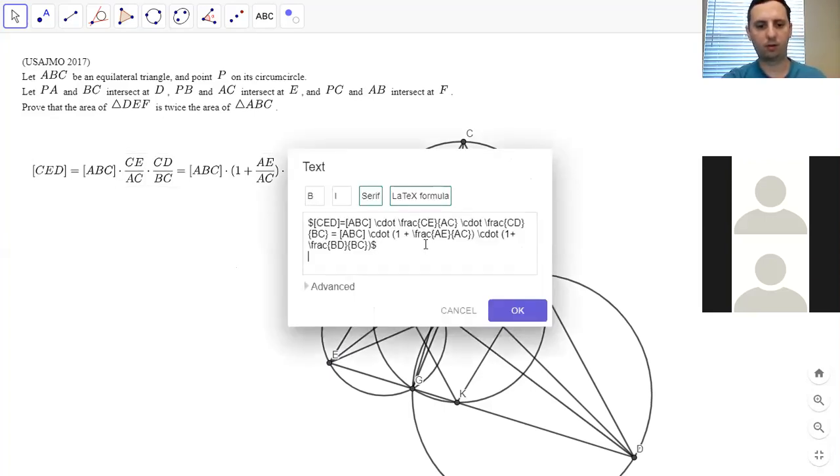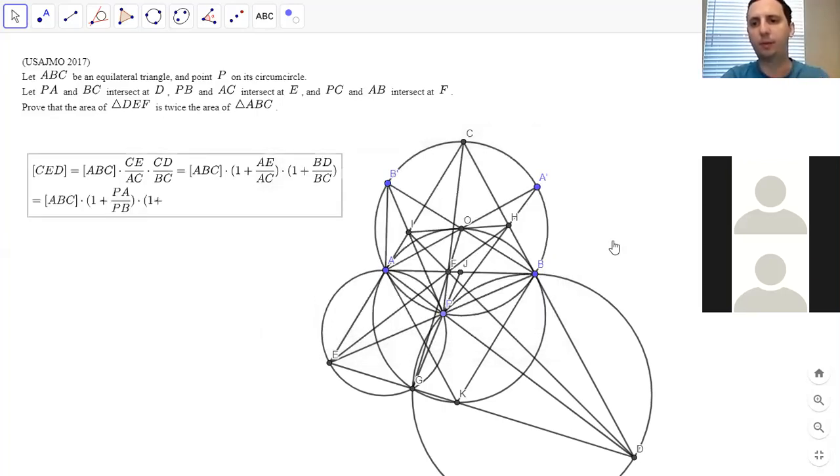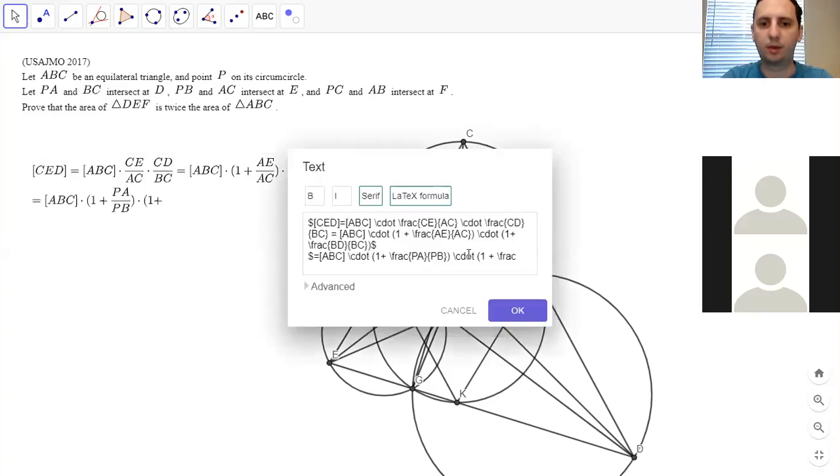So this is ABC times 1 plus PA over PB times 1 plus, oh, sorry, not PA over PB, but I think you wrote it before. So AE over AC is PE over PC, I think.